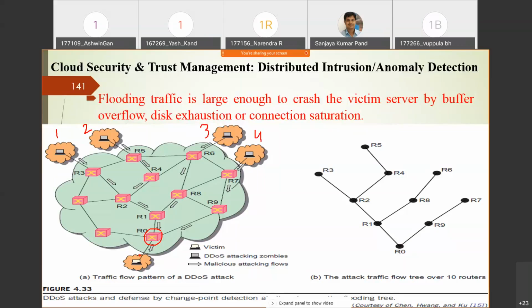The victim server is overwhelmed by buffer overflow, because the maximum number of requests that can be responded to by the server is, like, 100 in this example. Up to that, the server is able to reply, but here the service requests are more.